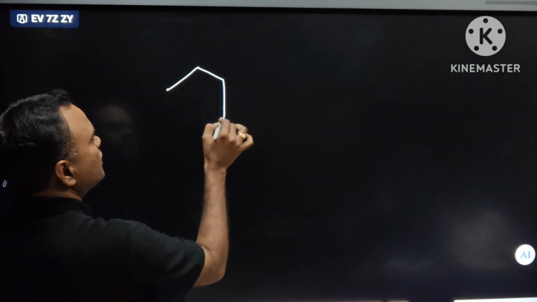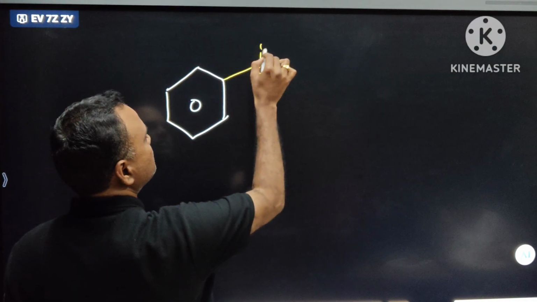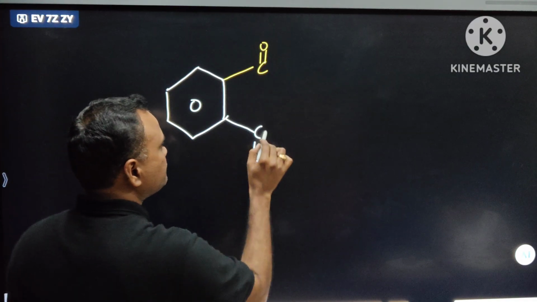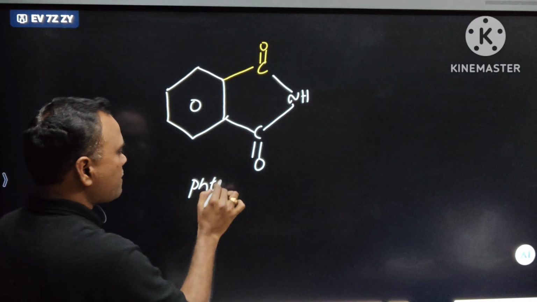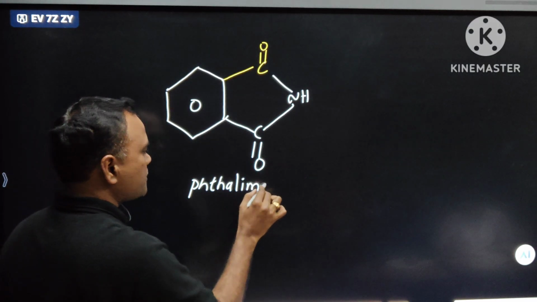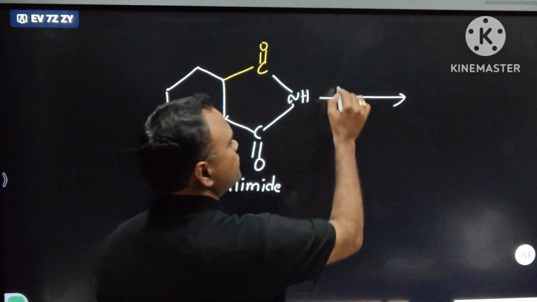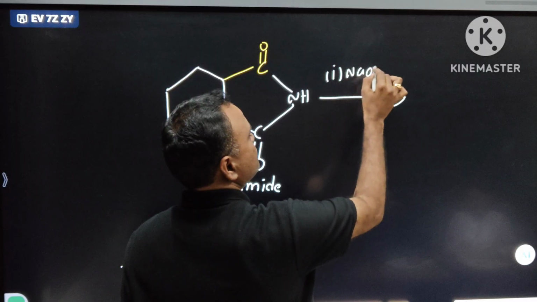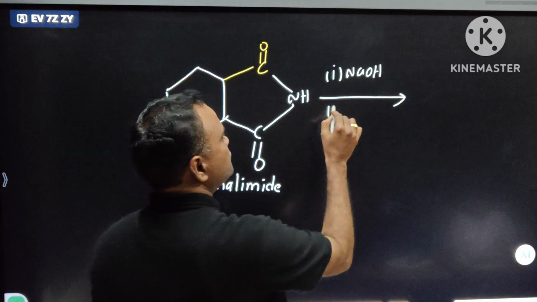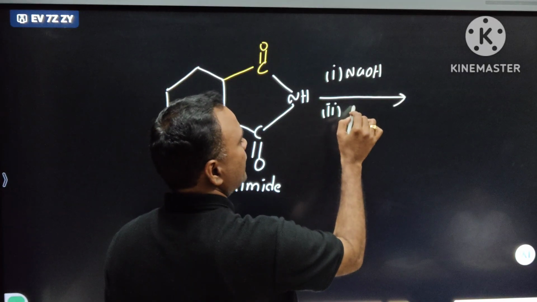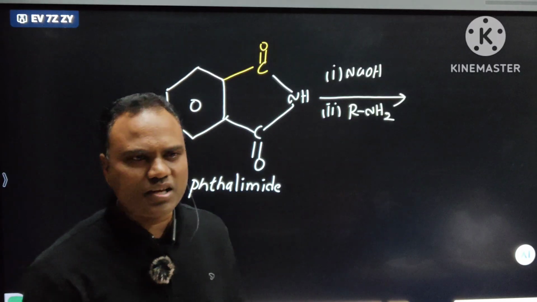I'm taking phthalimide, Gabriel phthalimide. This is phthalimide. See, the reagents: NaOH, sodium hydroxide; second one, alkyl halide, primary and secondary also preferable, tertiary do not.